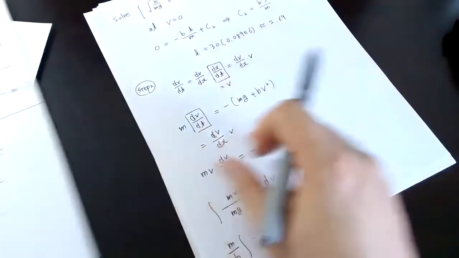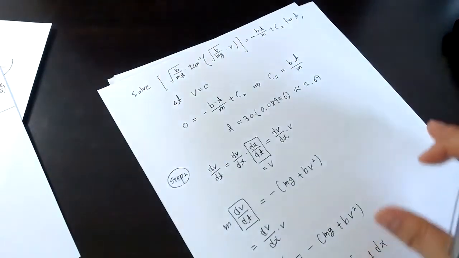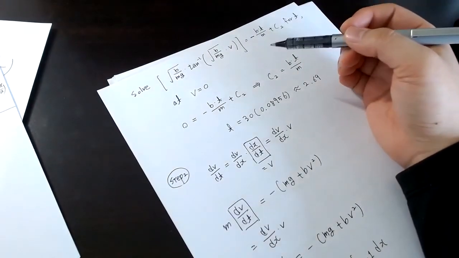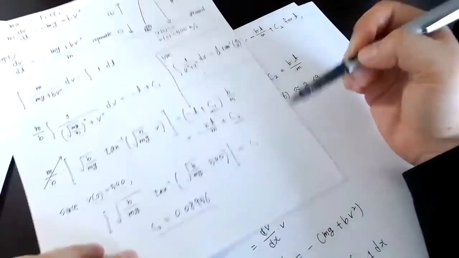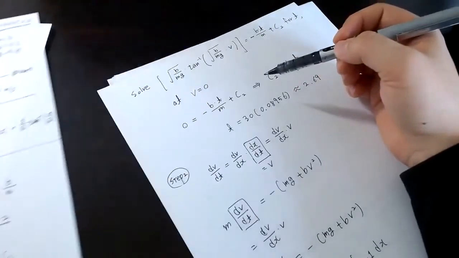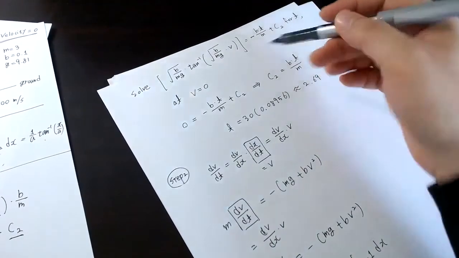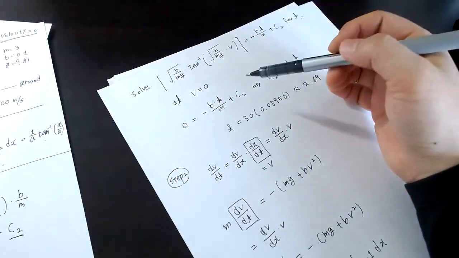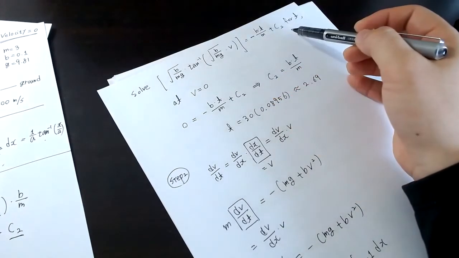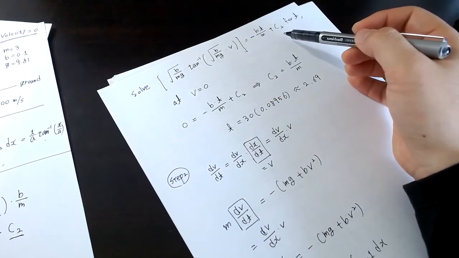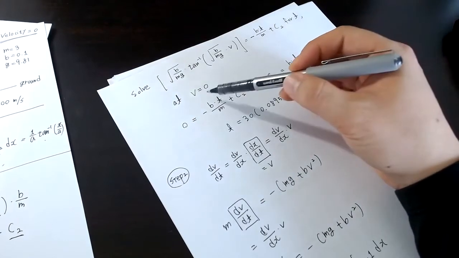So we figured out the C2. Okay, so here we figured out C2, which is this. And then we need to solve this equation for t at v equals 0. Why?